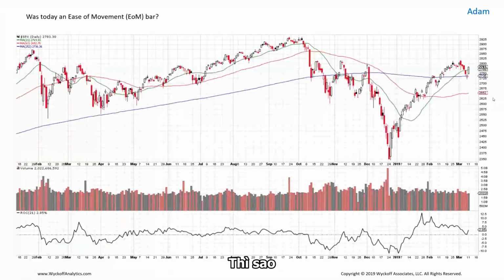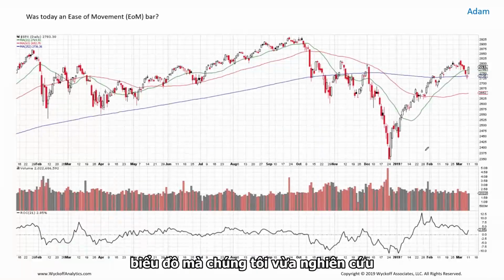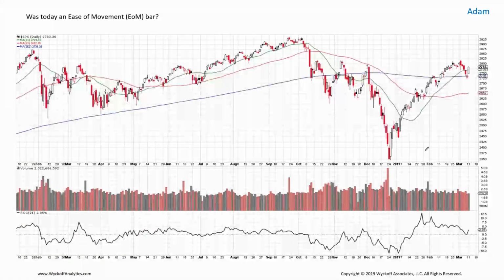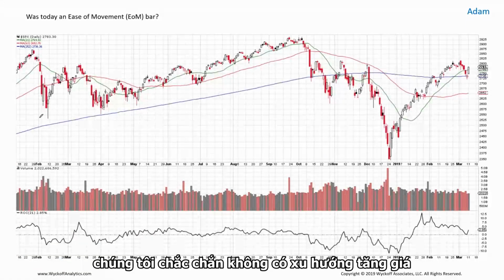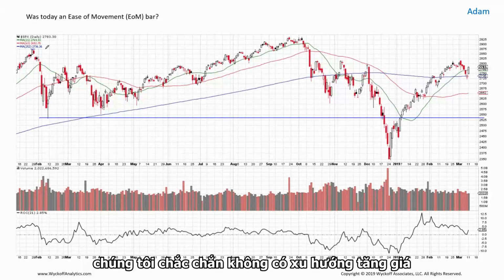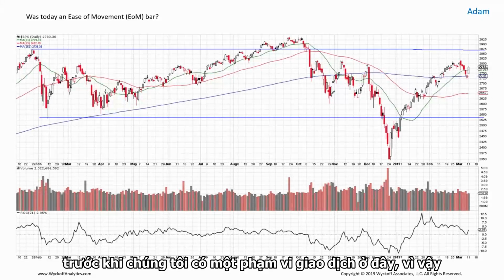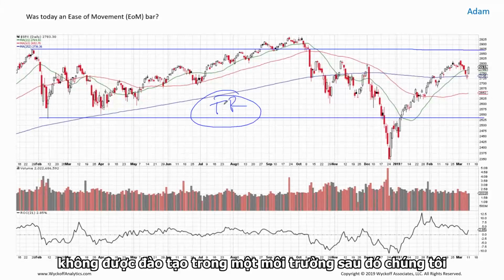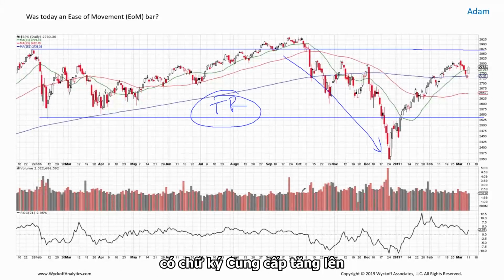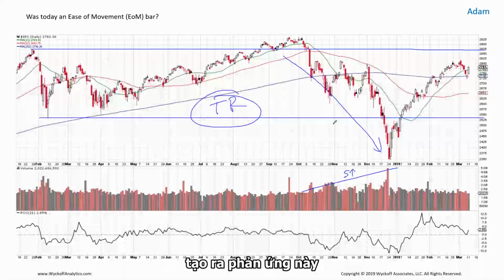What about the chart that we've just studied? We definitely don't have a bullish bias before. We have a trading range here, so a non-trending environment. Then we have an increased supply signature that produces this reaction.